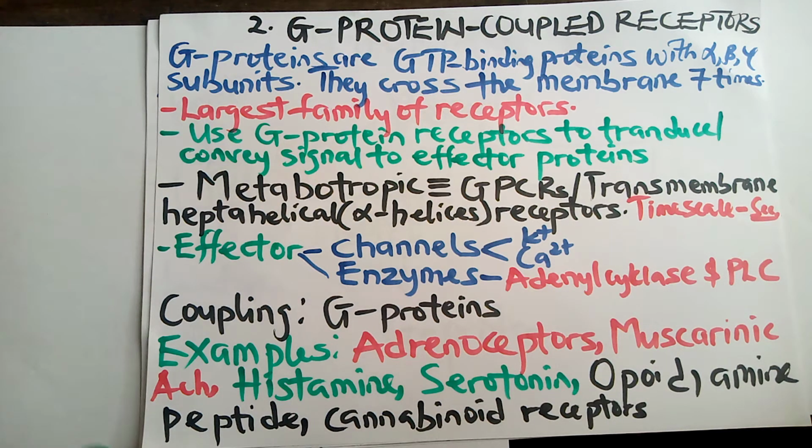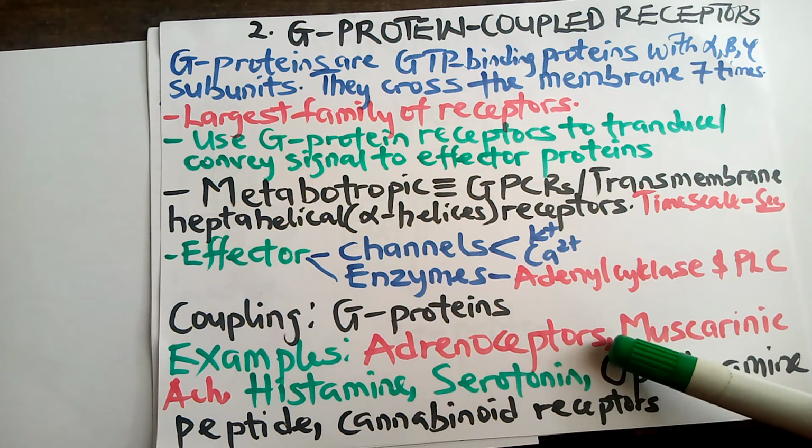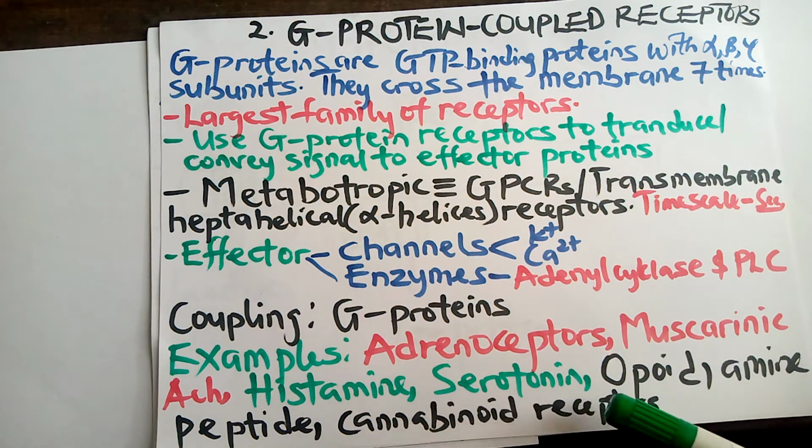Examples of receptors that function via G proteins are your adrenoreceptors, muscarinic receptors, histamine receptors, serotonin receptors, opioid, amine, peptide, and cannabinoid receptors.